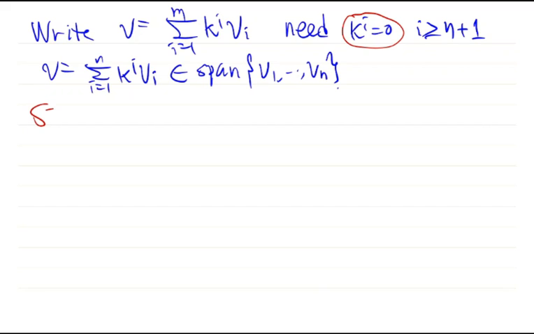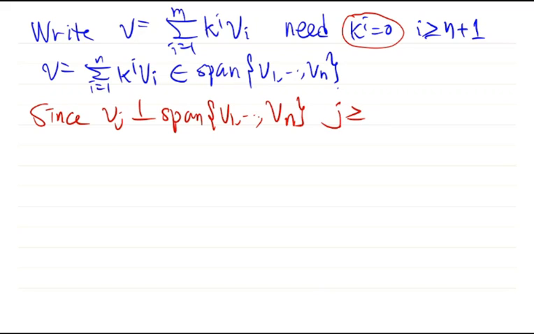Since Vj is orthogonal to the span space of V1, ..., Vn whenever j is not less than n+1. Okay? Because as I said before, Vn+1, Vn+2, ..., Vm are the orthonormal basis of the orthogonal complement of this span space. Therefore, Vj has this property, perpendicular to this span space.